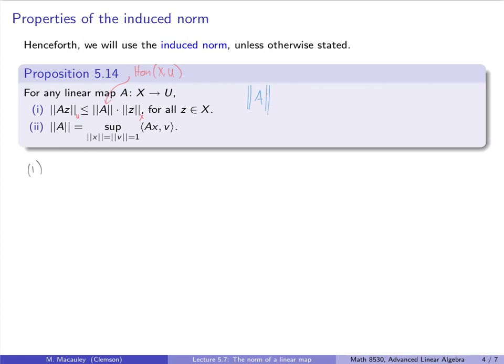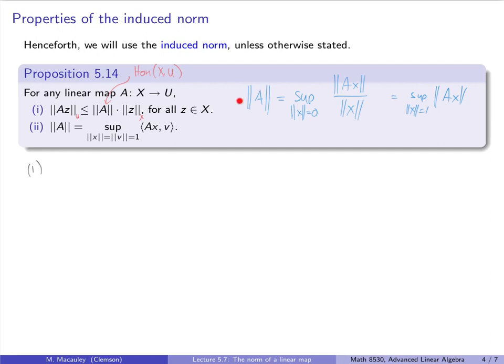The norm of A is equal to the supremum, or the maximum, over all non-zero vectors X of the norm of AX divided by the norm of X. And the reason I'm writing it this way is because this looks more like what we want to prove than the version where it's also equal to the supremum over all unit vectors of the norm of AX.